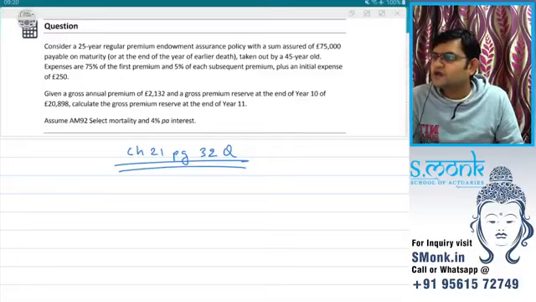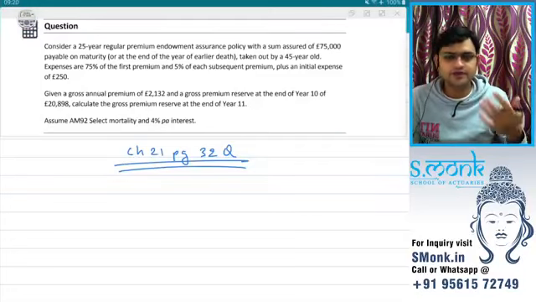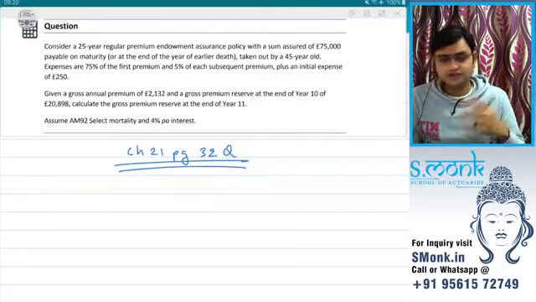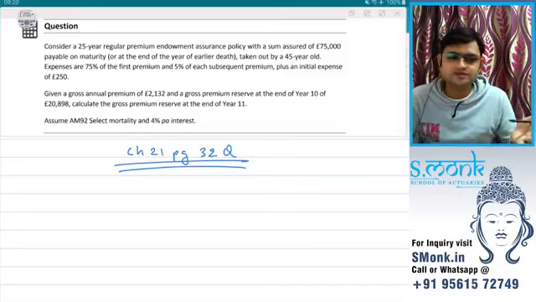Given a gross annual premium of this much and a gross premium reserve at the end of 10 years. So they do call it premium reserves. Gross reserve, I always use the term gross reserve, but the technical term is gross premium reserve, net premium reserve. That is the name.